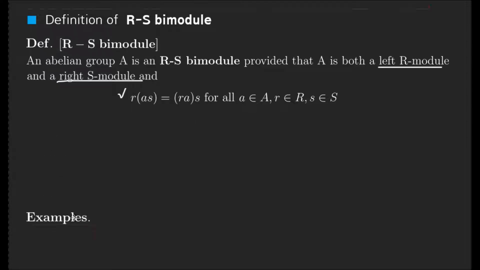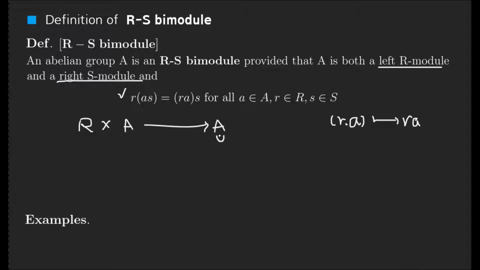Let's see the construction by drawing the diagram. When we consider A as a left R module, then R product A goes to A. So we can choose R and A and go to RA.